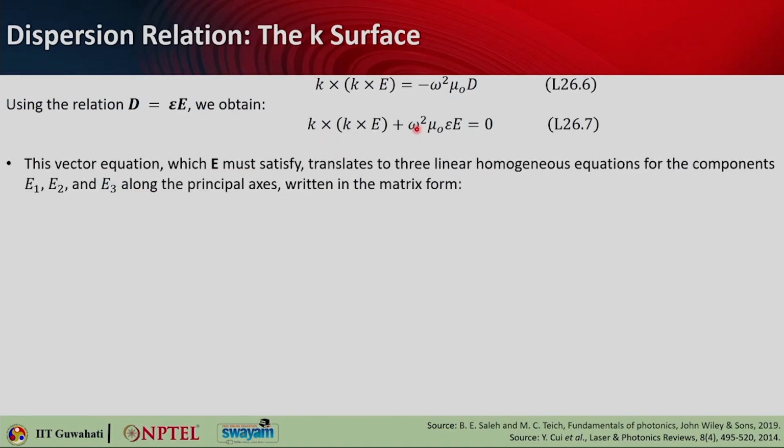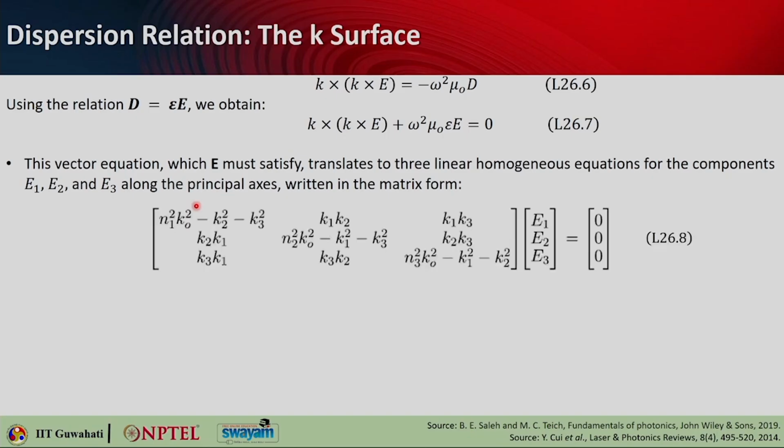So, this vector equation, which the electric field has to satisfy, basically translates to three linear homogeneous equations for the components E1, E2 and E3. These are basically the components along the three principal axes. And you can write down the vector equation in the form of a matrix, and it looks like this.